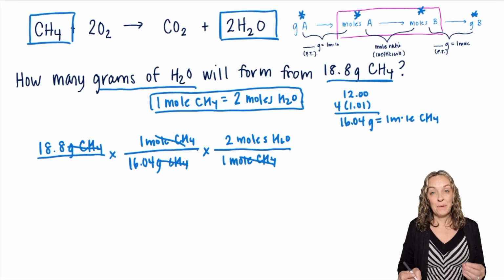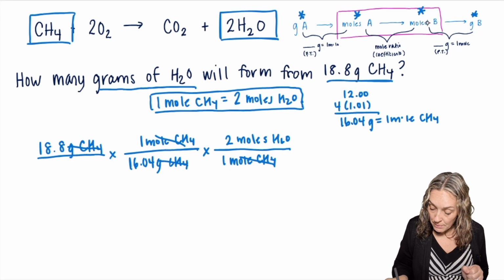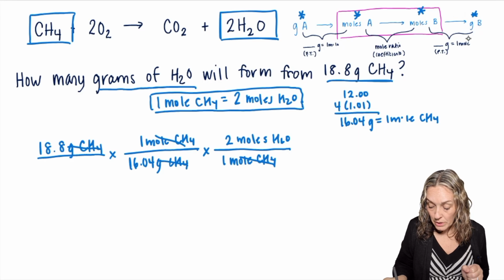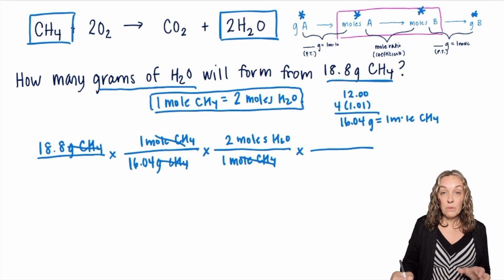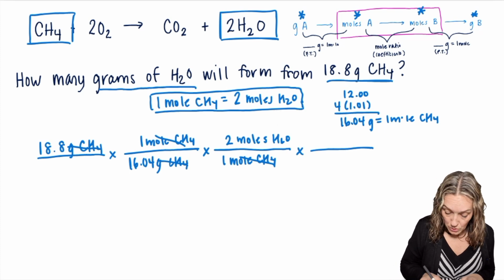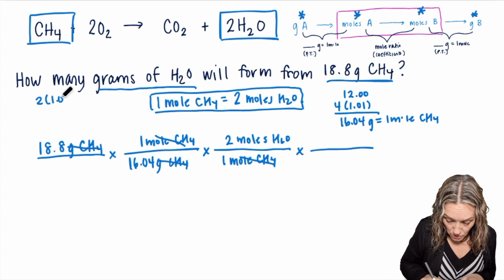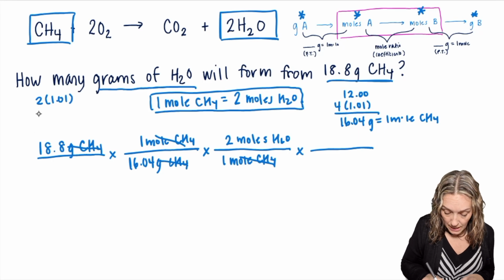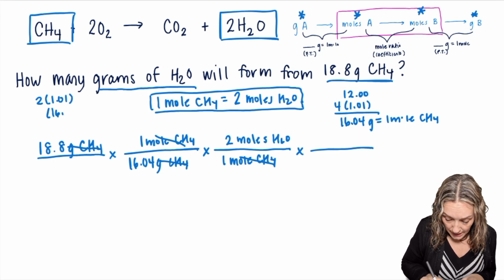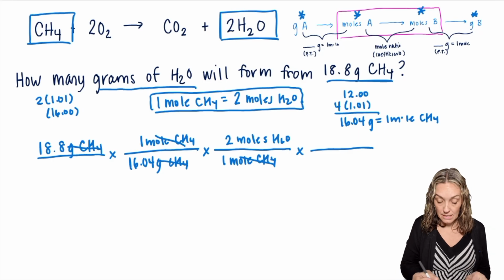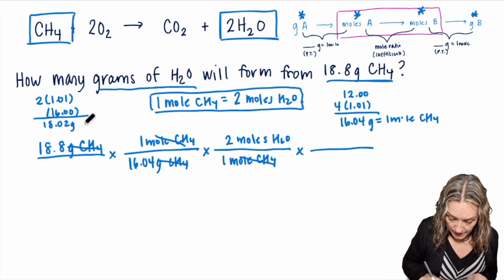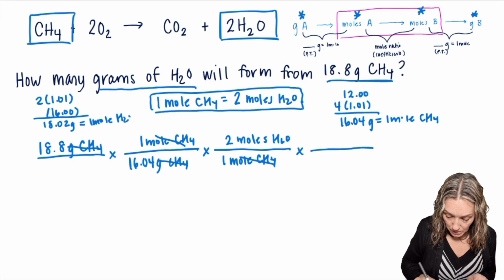In order to find out how many grams are in a mole, I'm now going to have to do this last step and go to the periodic table in order to convert my moles into grams. When I go to the periodic table, I'm going to add up 2 H's, each of which has a mass of 1.01, and I'm going to add up 1 oxygen, which has a mass of 16.00. When I do that, I get 18.02 grams equals 1 mole of water.